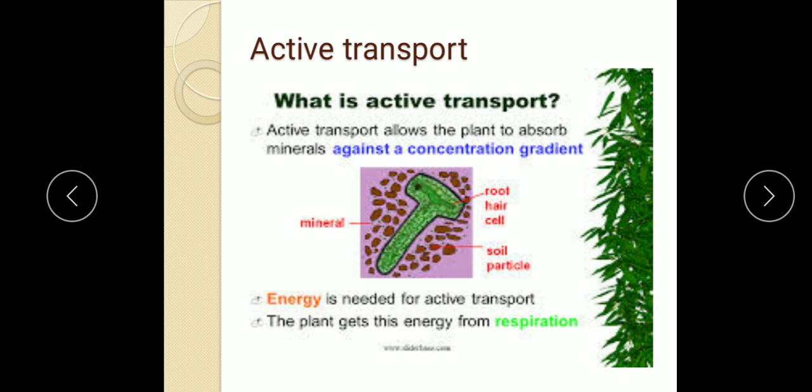So we have completed here absorption of water and absorption of mineral. Absorption of water takes place through osmosis, and absorption of mineral takes place by two processes, diffusion and active transport.